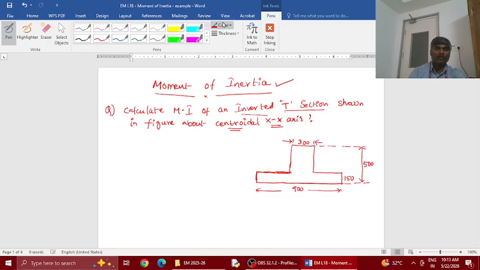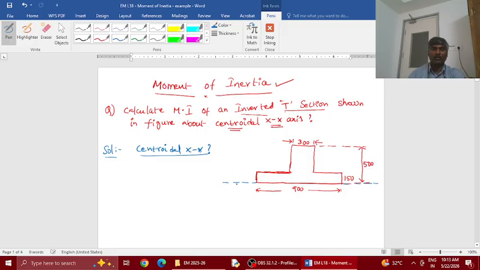So your job is to first locate the centroidal x axis. So where is this line? For locating this centroidal x axis, you need to first take one reference line, any line of your choice.